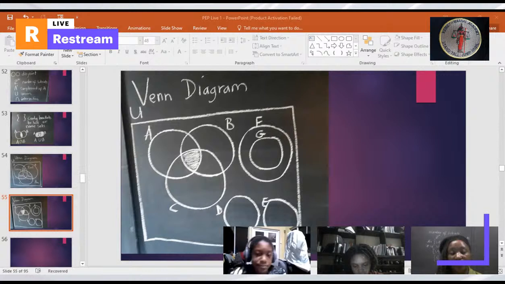So some algebra is going to come into play, because ultimately we are going to be left with an equation with an unknown, usually x. And in solving that, we can plug in and work out the other sections of the Venn diagram.